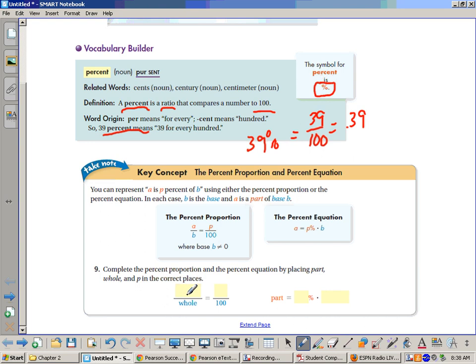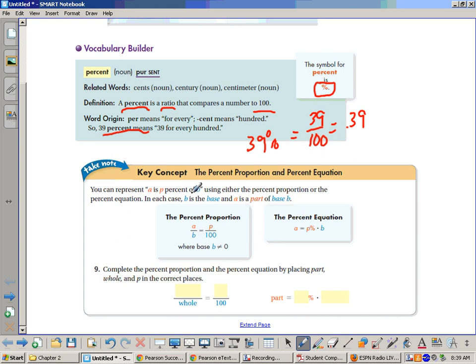In this example down here, we'll talk about how to fill that in with part and whole. If you're using the equation format for A is P% of B, then A is going to be the equal part. P is always going to be next to the percent symbol, and you're going to multiply it by B, the whole part.